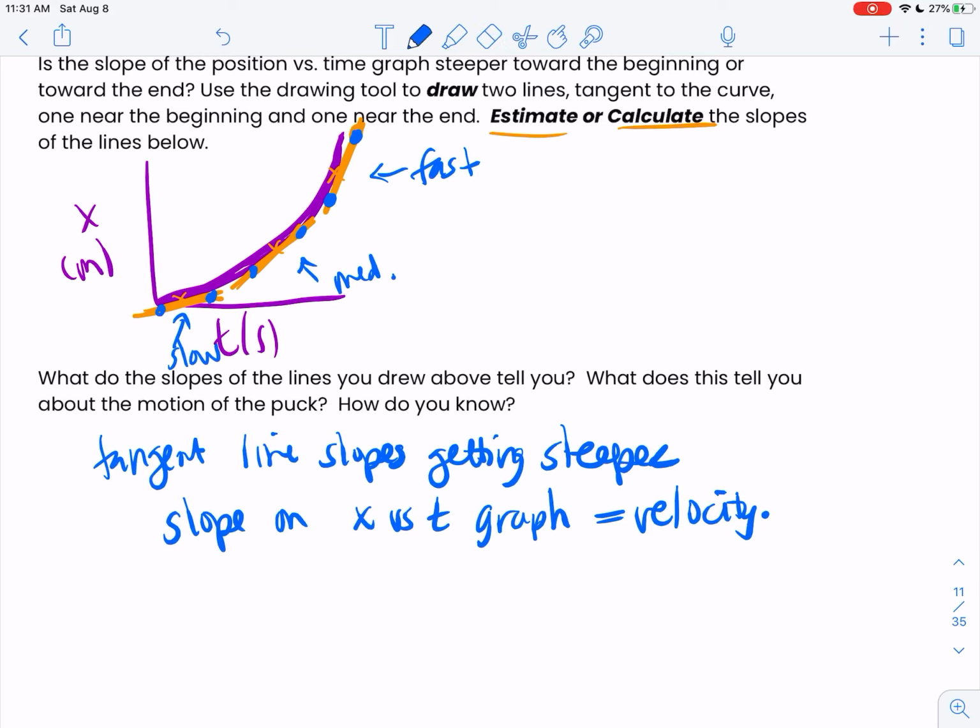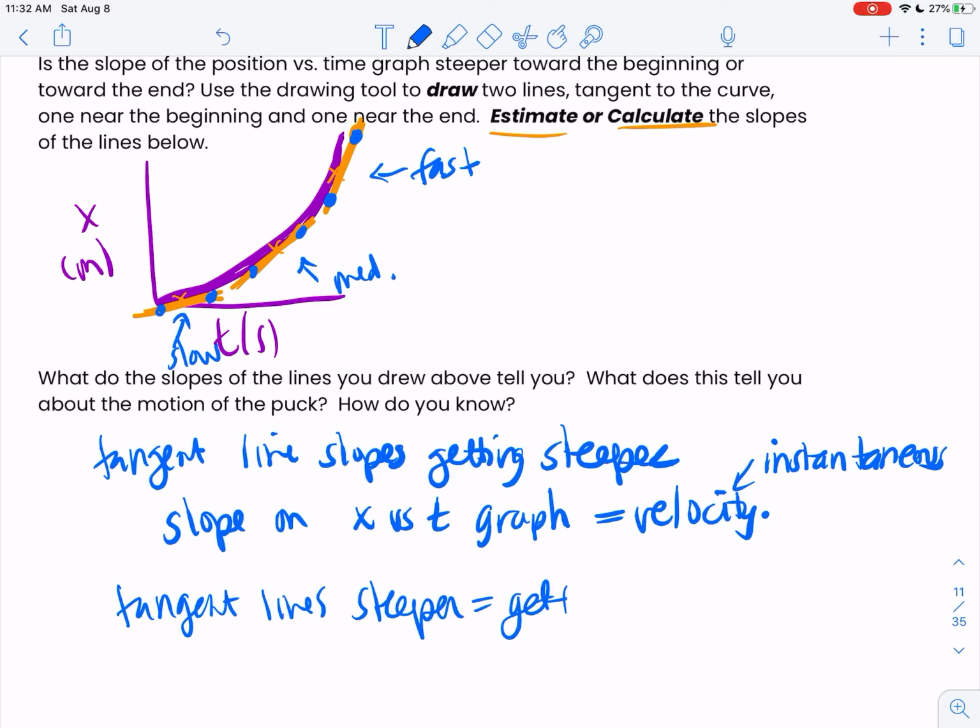But now this is a changing velocity, so we call this one the instantaneous velocity, meaning at that exact moment, what is the slope? And then what is the velocity at that moment, all right? So that's what you're going to do by calculating these tangent lines. And as you can see, the tangent lines get steeper, which means that it's getting faster, right? The velocity is increasing, okay?